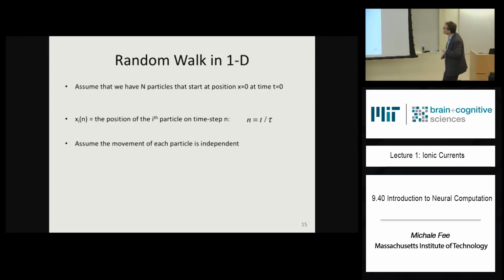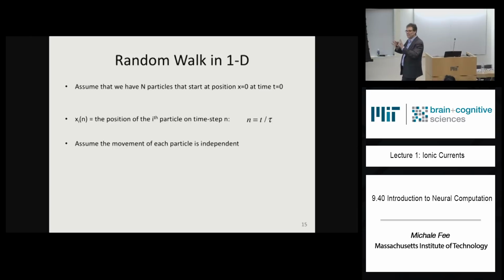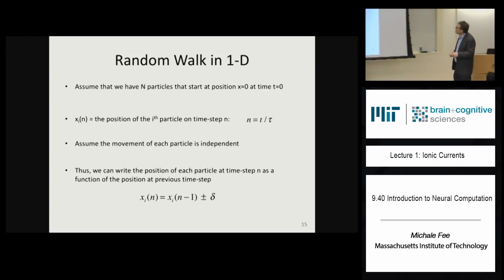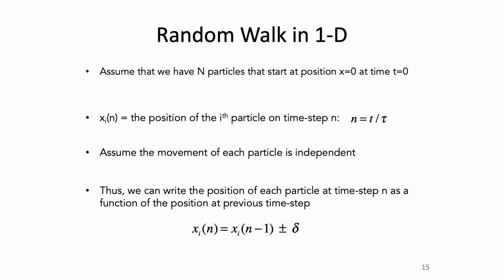And we're going to assume that each particle is independent, each doing their own thing, ignoring each other. So now you can see that the position of the particle at time step n is just the position of the particle at the previous time step plus or minus this little delta.